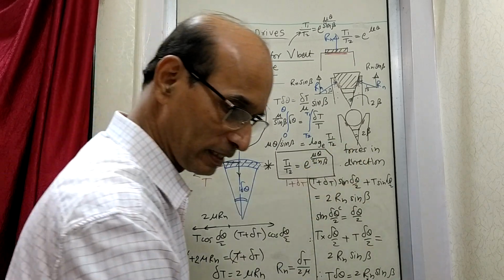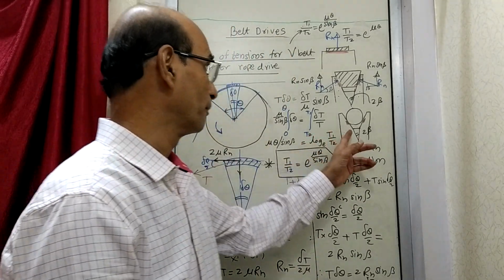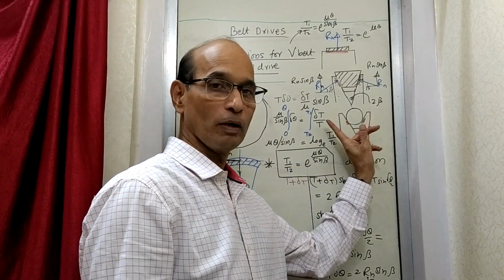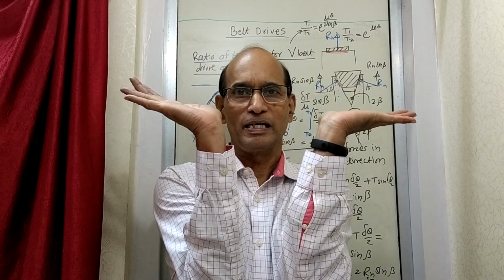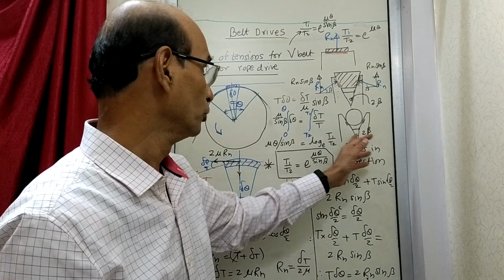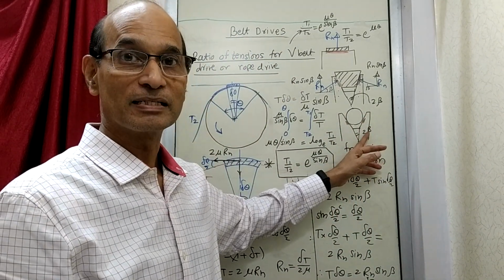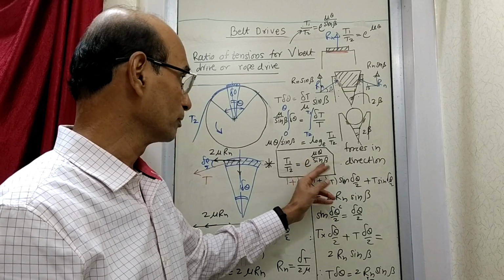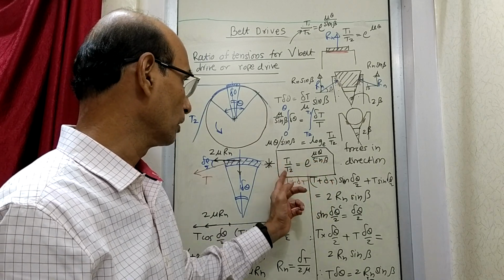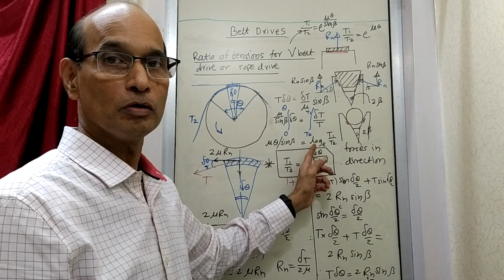So suppose I try to find out what happens if this 2 beta angle is 180 degrees. So when 2 beta is 180 degrees, beta is 90 degrees. So when beta is 90 degrees, sine of 90 degrees is 1. So it becomes T1 upon T2 is e raised to mu theta.